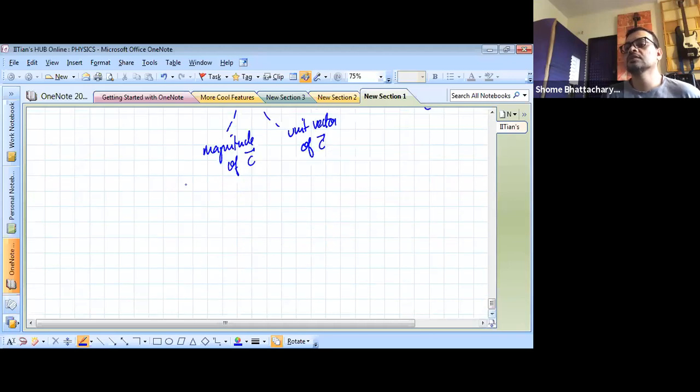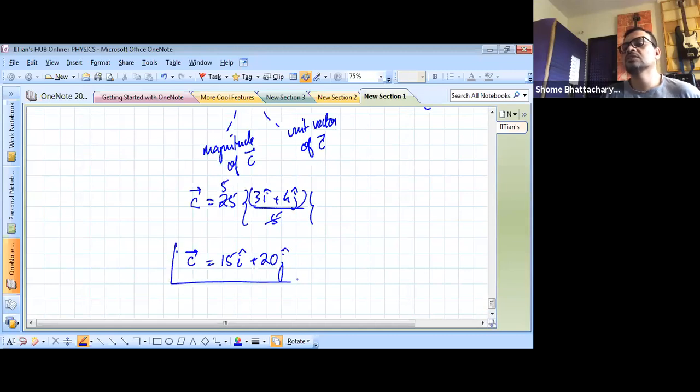That is nothing but the magnitude we just saw, which is 25, and the unit vector we had seen earlier was 3i cap plus 4j cap whole divided by 5. So the vector C becomes 15i cap plus 20j cap.